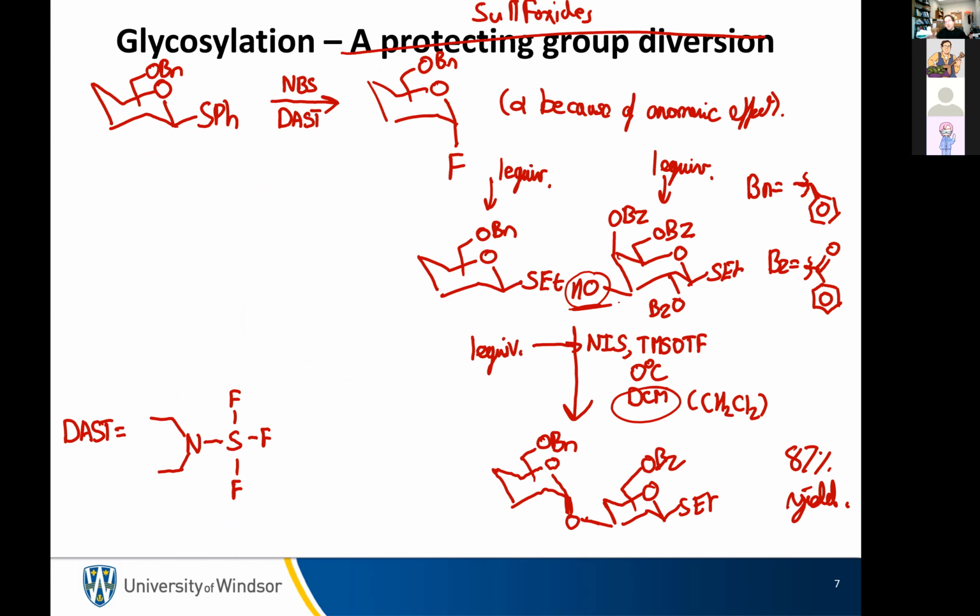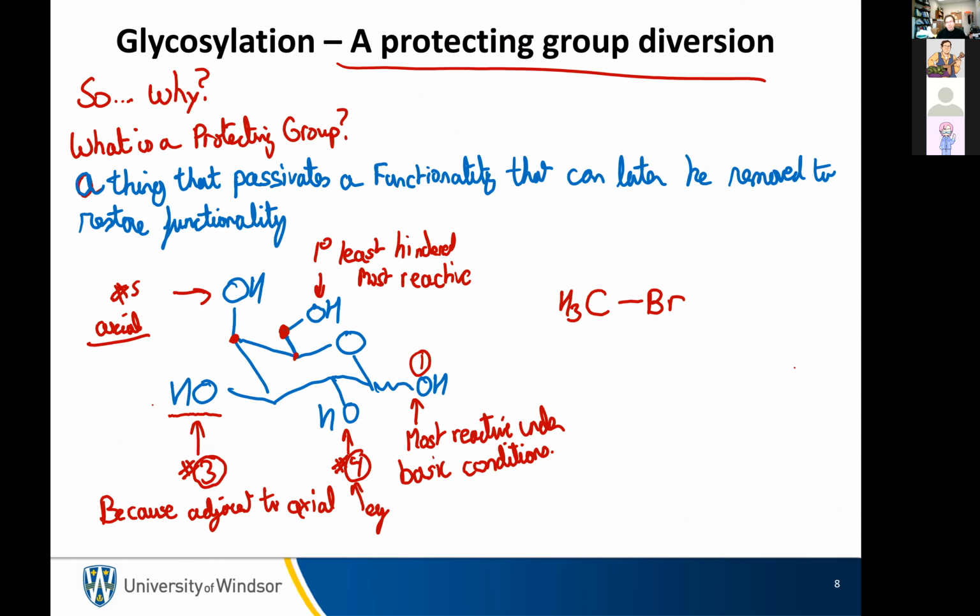That allows that OH to react. Nothing else can react because there are no other OHs. Later on, we will be able to remove all the protecting groups. That's why protecting groups are important: we need to stop all the OHs reacting, because that's just going to be a mess, and we need to ensure that the right one reacts.